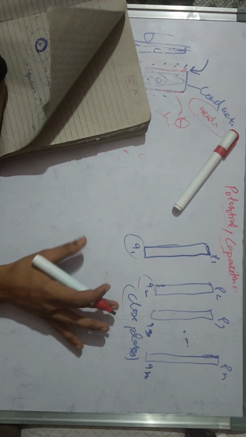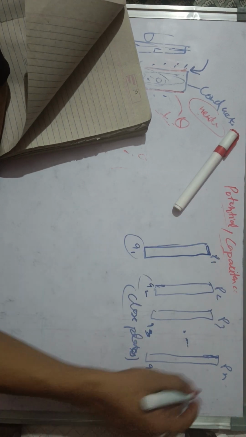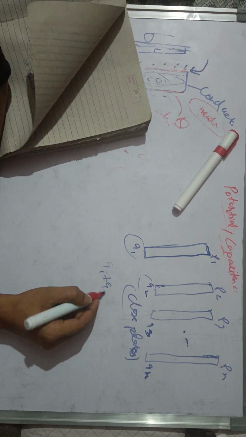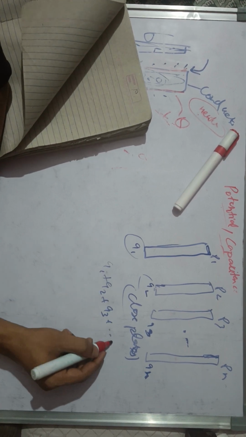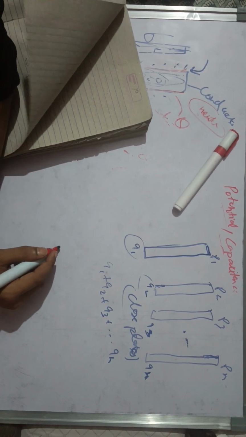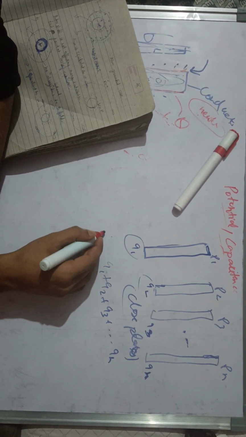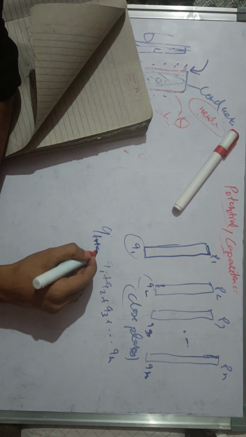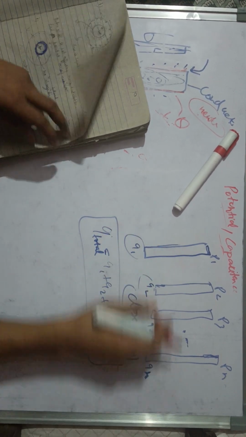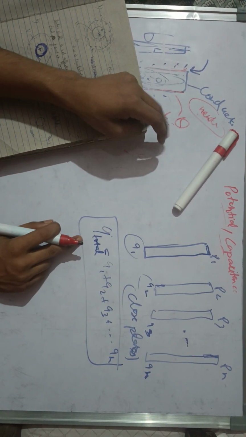Then the total charge on this system, the sum of the charge on all plates, would be q1 plus q2 plus q3 up to qn. We will call this total charge q total.